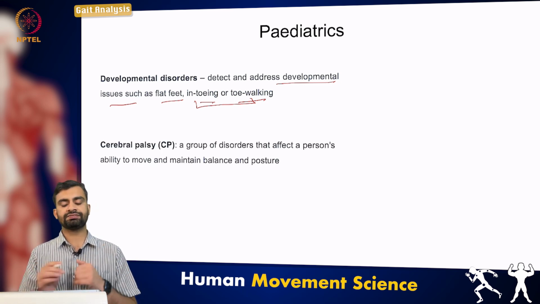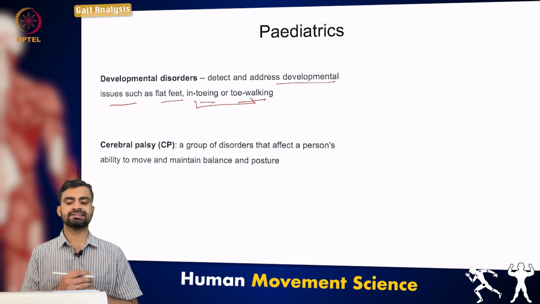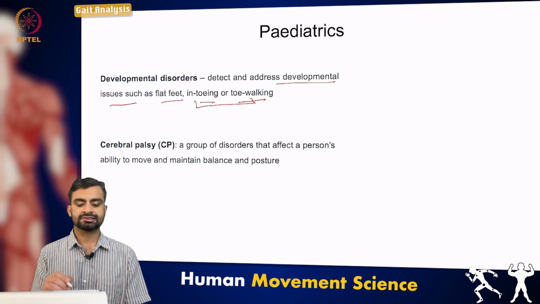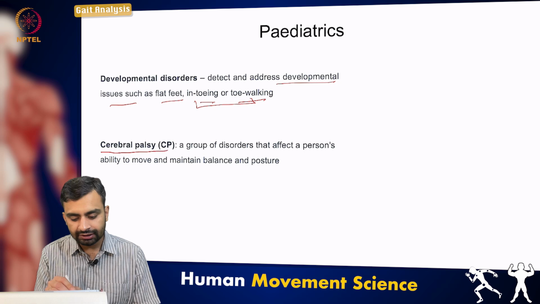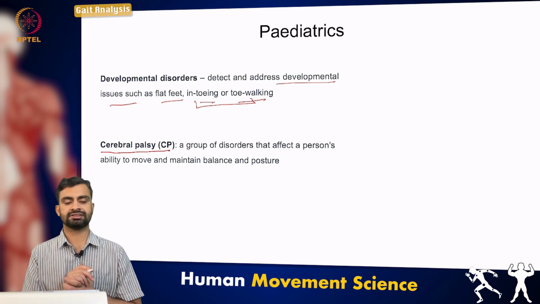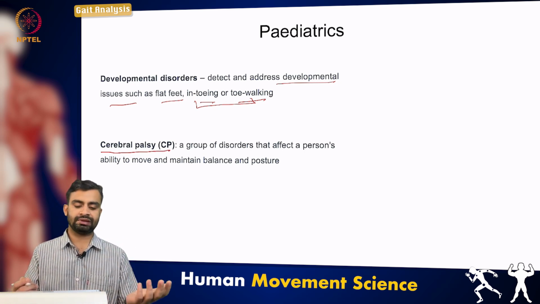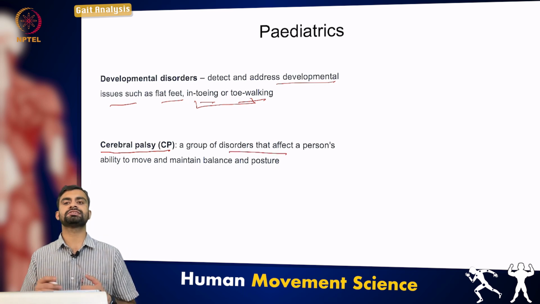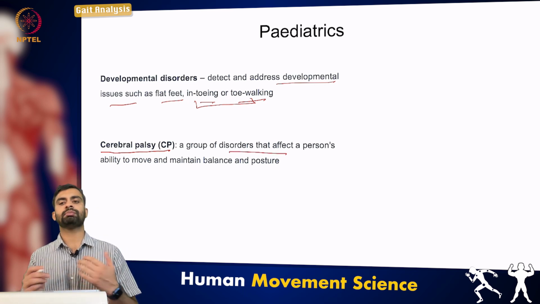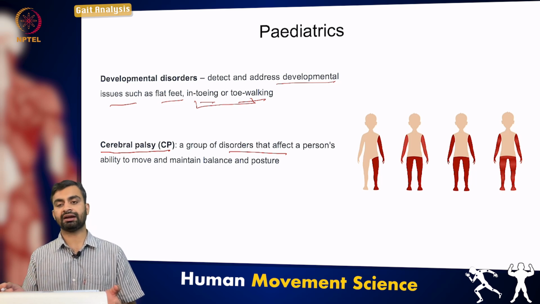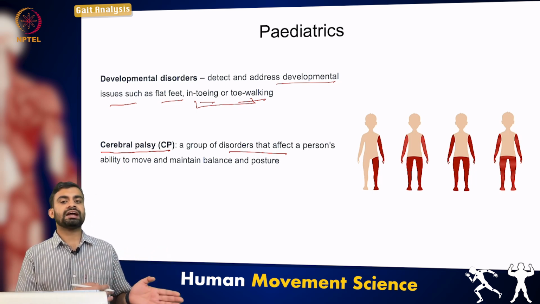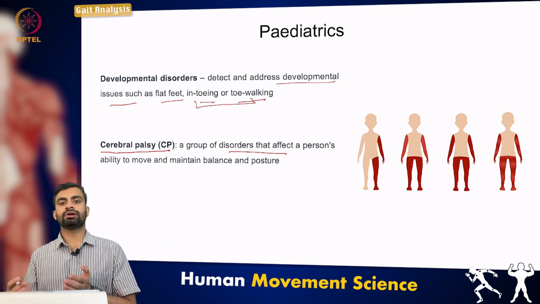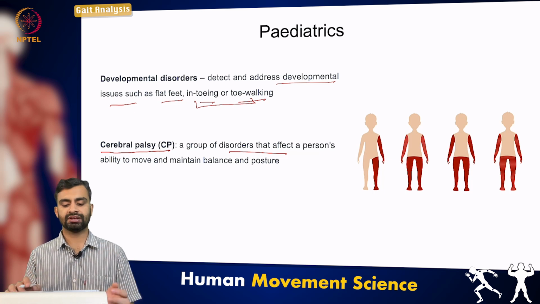A very specific example of gait analysis in pediatrics is its use in the management of cerebral palsy. Cerebral palsy, or CP in short, is a group of disorders that affect a person's ability to move and maintain balance and posture. It can affect one side of the limbs or all four depending upon the severity of the disease.